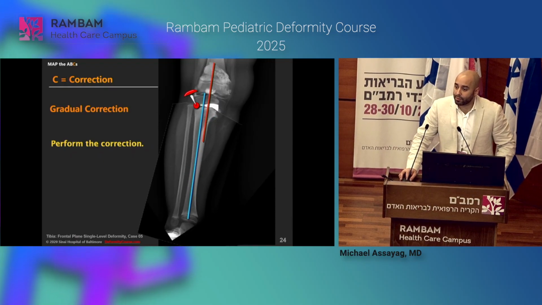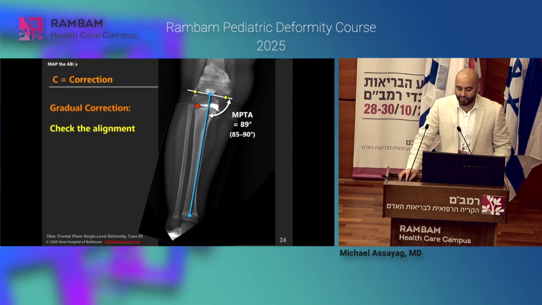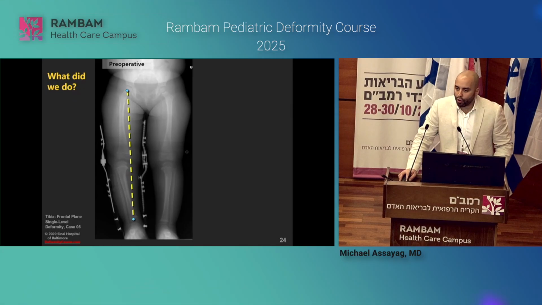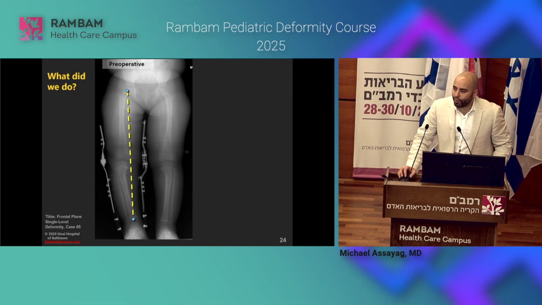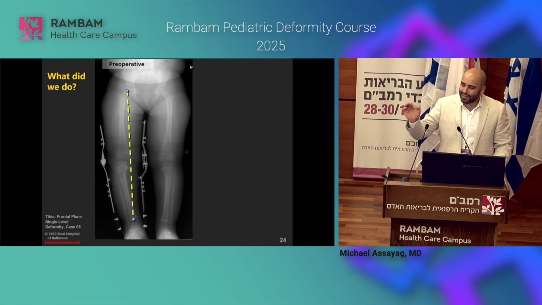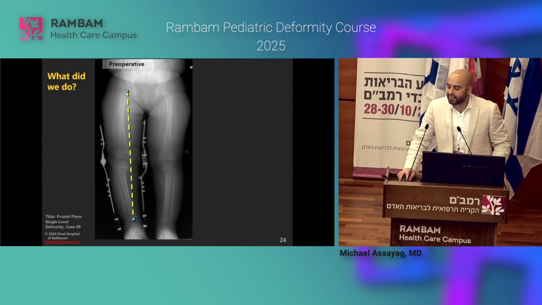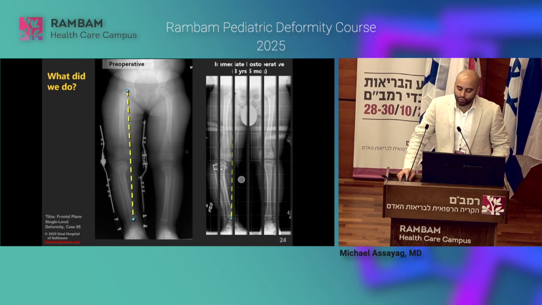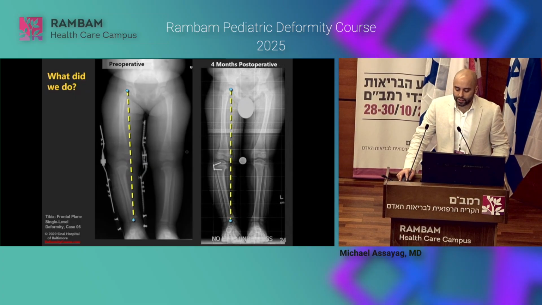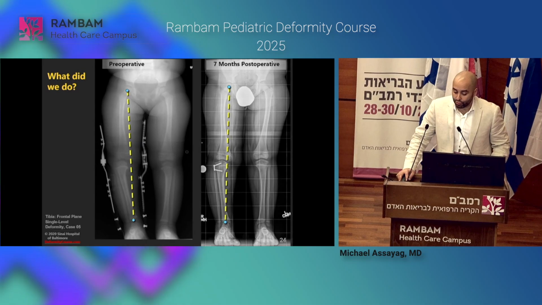Well, it does create some obligatory translation in this case, right? So we have to check the alignment. We end up with an MPT of 89 degrees. So although it's not exactly by the book, right? We're not exactly applying the method. I showed this example to show that sometimes, for the sake of safety, less invasive surgery, we can transgress the rules if it makes sense to do so.